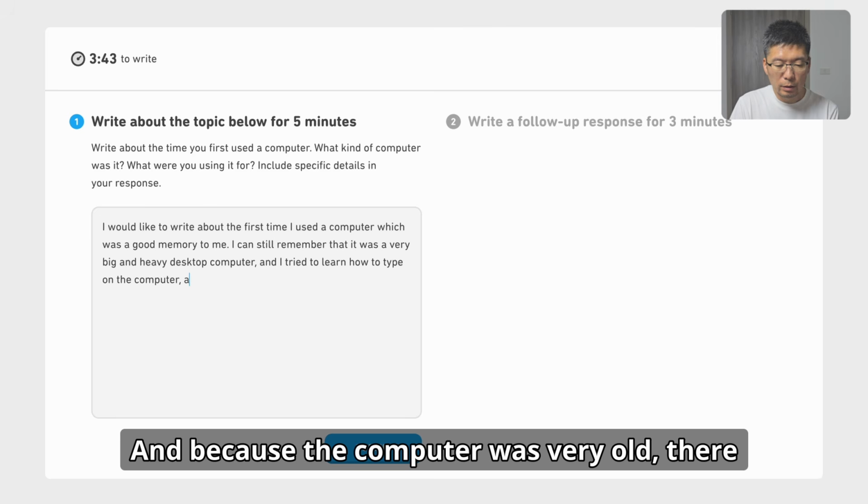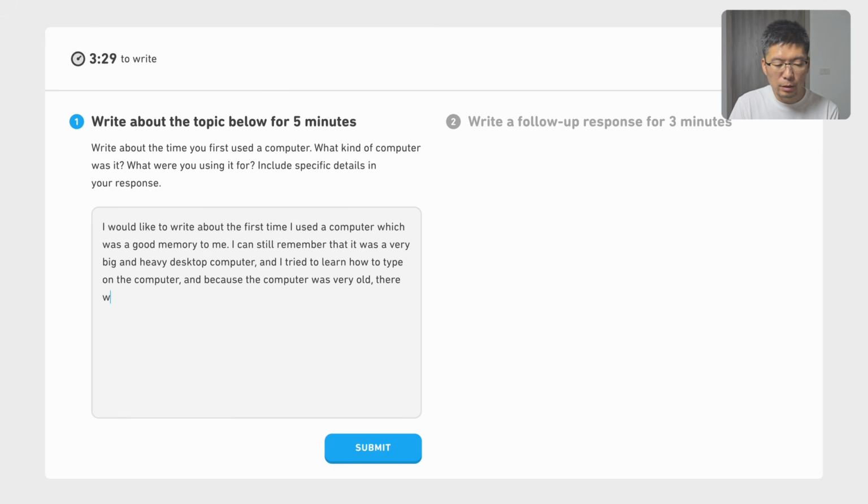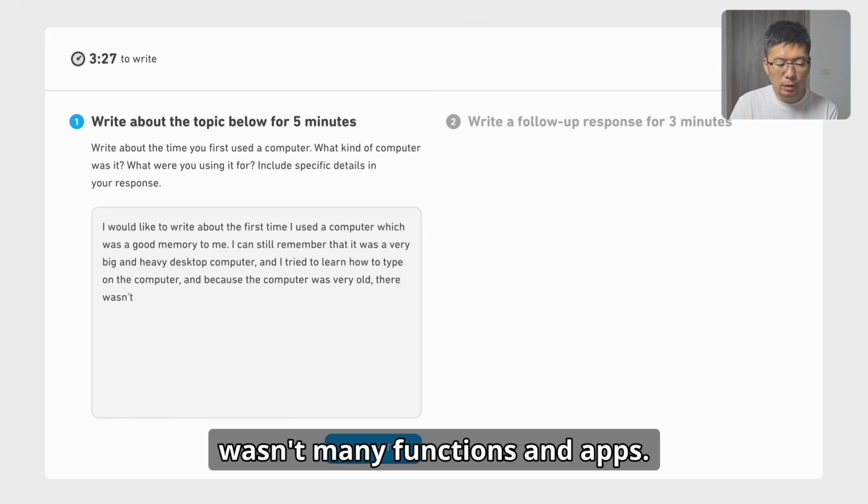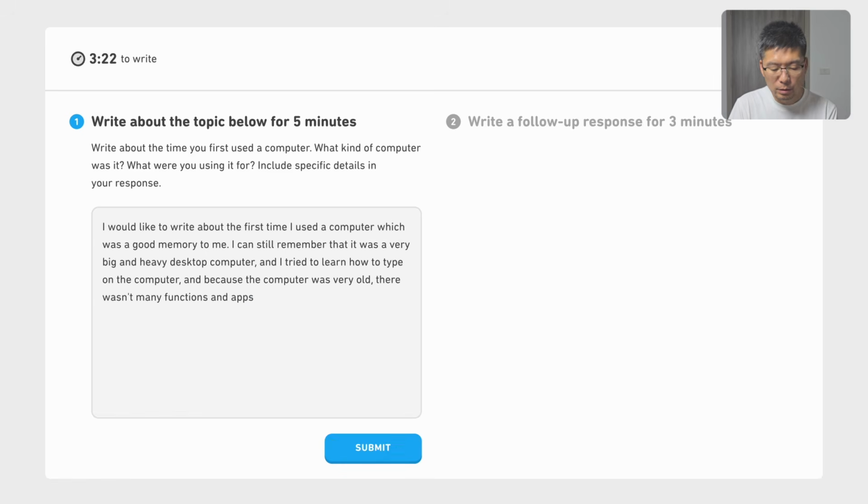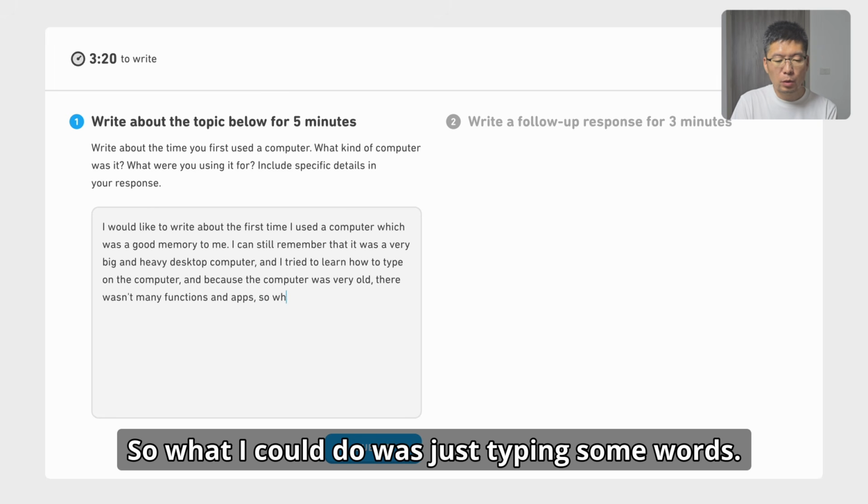And because the computer was very old, there weren't many functions and apps. So what I could do was just typing some words.